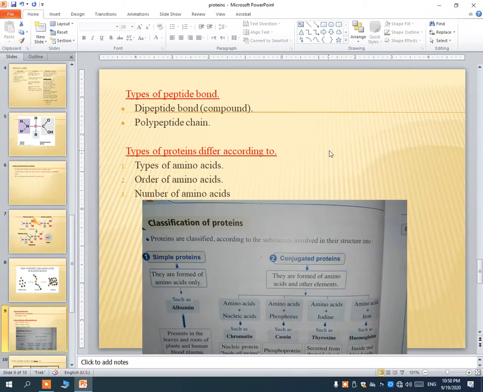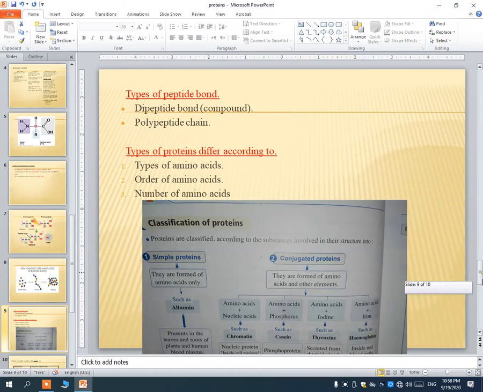Maybe a protein has all 20 different types of amino acids, while another protein has only 19 or 15. So the number of amino acids that form the protein gives us different types of protein.